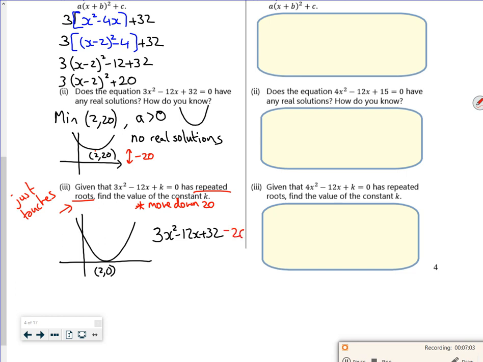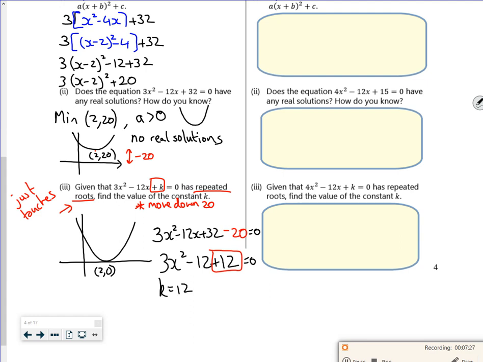So I'm going to take off a minus 20 there. So it gives me 3x squared minus 12x plus 12, and it says k is that number. Be a bit sneaky and put the equals 0 back in there. So it tells me that k is 12.